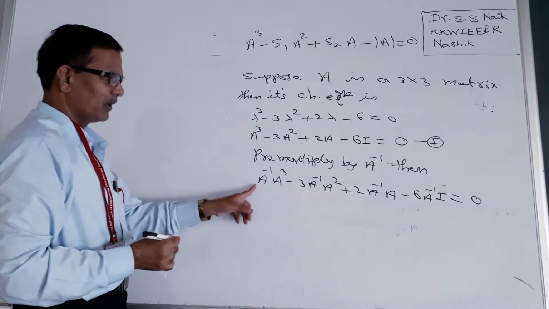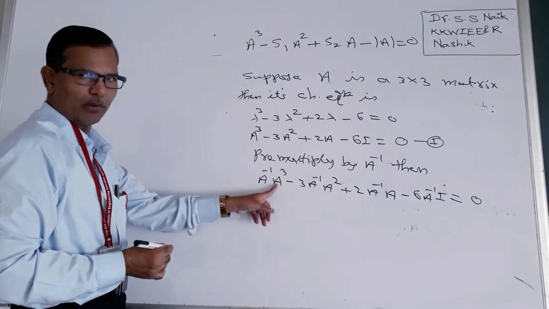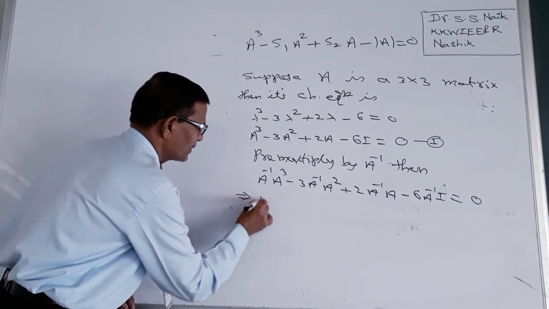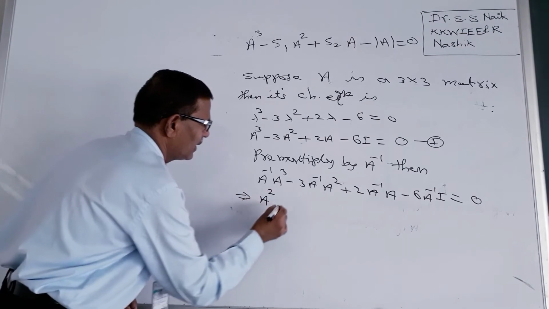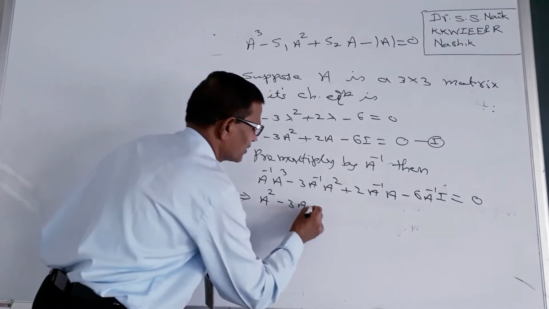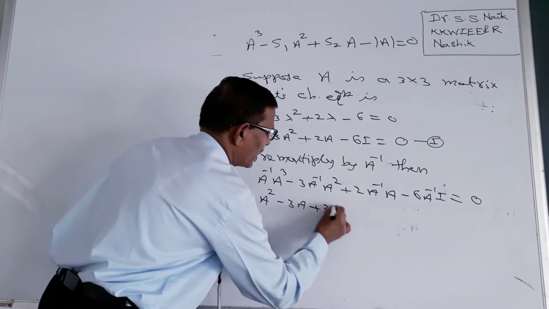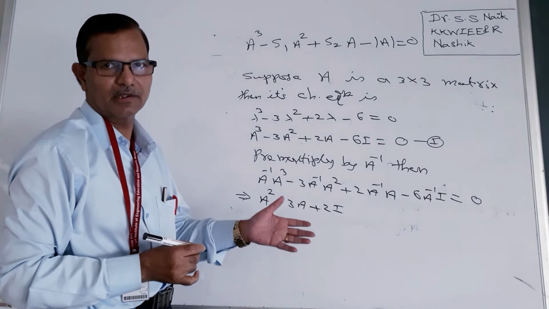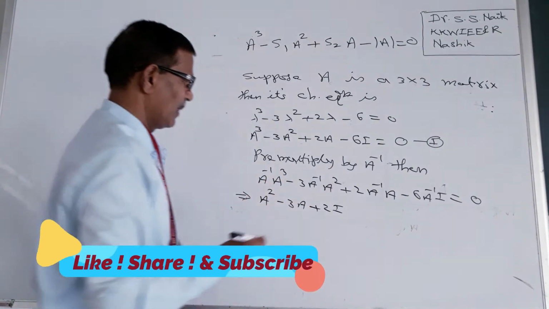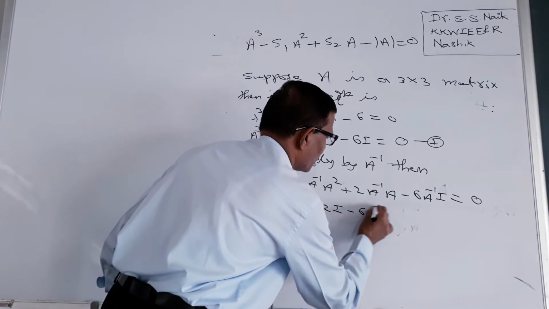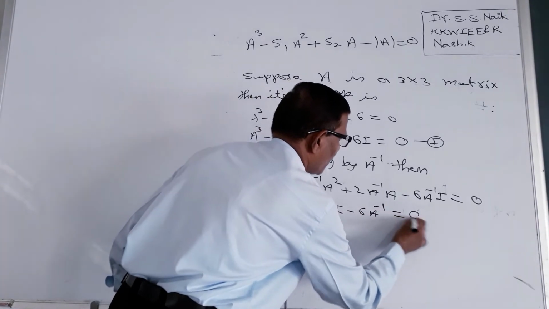So one A inverse from A cube gets cancelled, and this becomes A square minus 3A plus 2I, since A inverse into A is an identity matrix, and then minus 6 A inverse is equal to O.